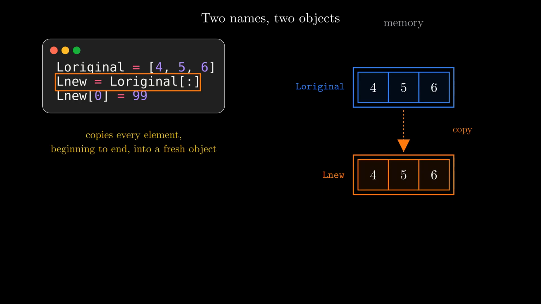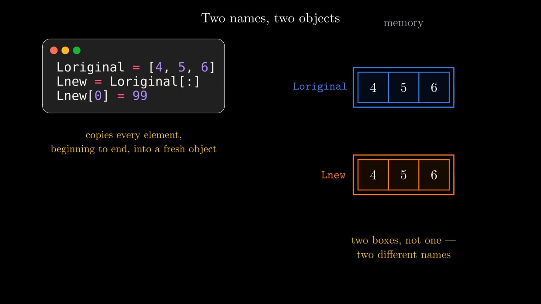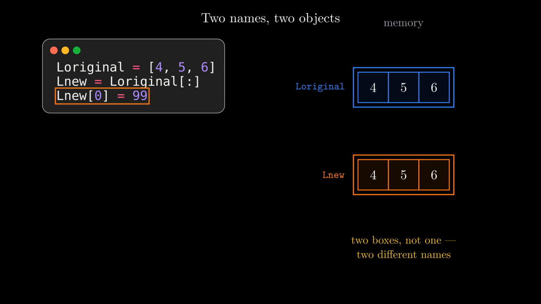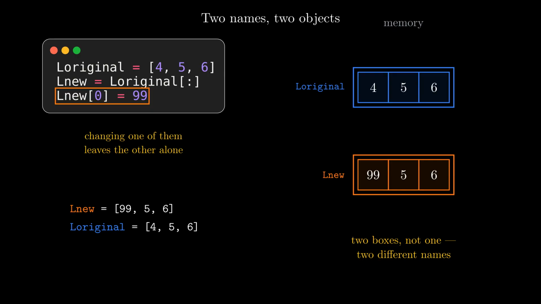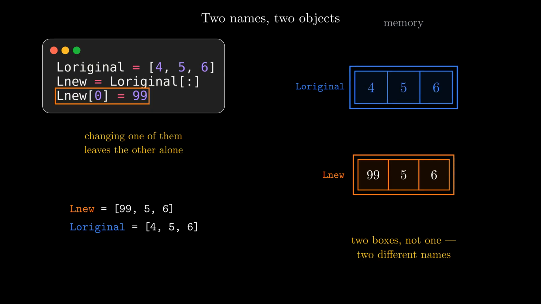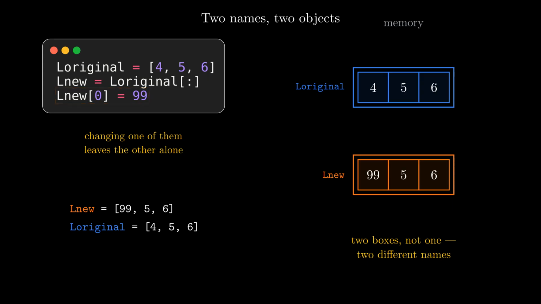That copies every single element from beginning to end into a fresh object. Now look at memory. There are two list boxes, not one, reached by two different names. Change one of them and the other doesn't change. Set the first element of L_new to 99 and L_new becomes 99, 5, 6, while L_original still holds 4, 5, 6. They're completely separate objects.